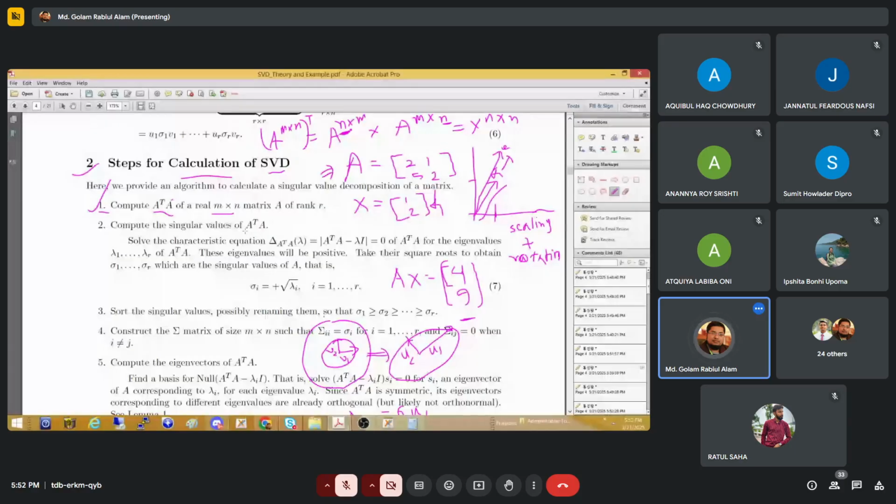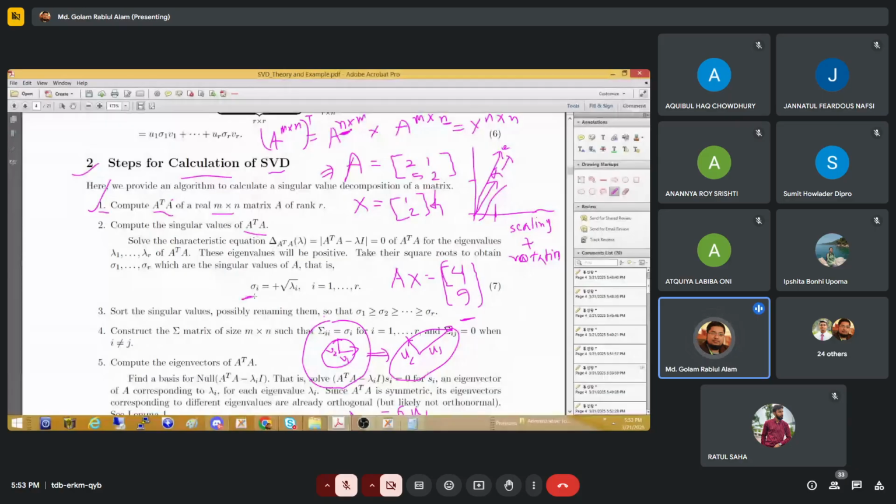Then compute the singular values of A transpose A. How can we do that? We have to find the singular values. The singular values are the square root of eigenvalues.